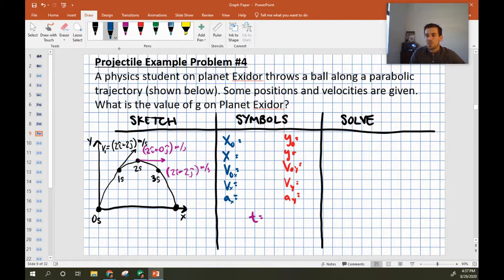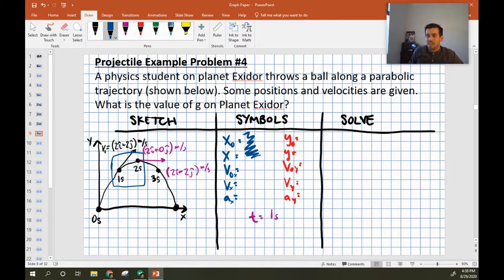I'm going to use only two of the places, two time intervals, to solve my whole problem. And that means that the time I'm using is just a 1 second interval, because it goes from 1 to 2, so that's 1 second. Based on that, I actually don't know any of this stuff. No vertical position information is given on the graph.